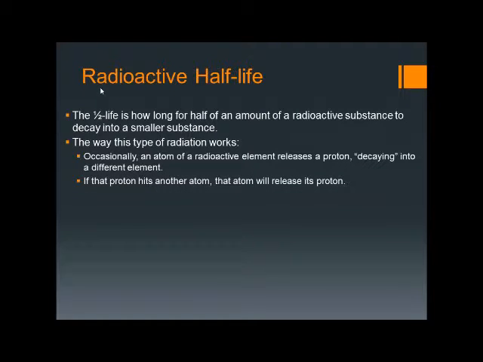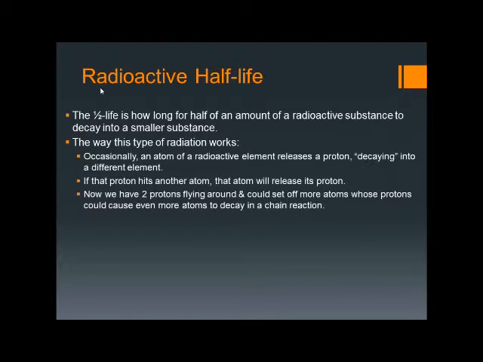So now you have multiple protons flying around. And if all of those protons hit other atoms, those atoms break down. And it keeps going and going and going, setting off more and more atoms into a chain reaction. And if there are too many of these atoms and it makes the chain reaction happen too fast, you get an atomic bomb. That's the way it works.